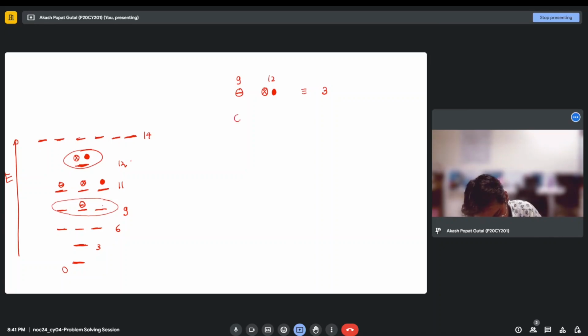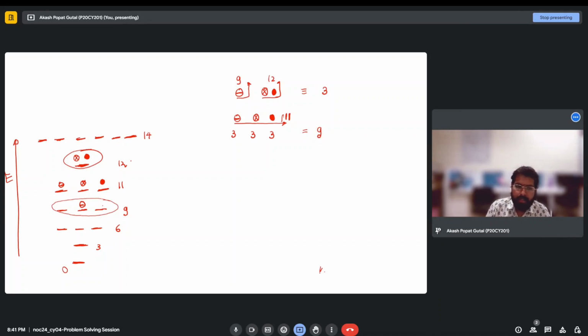In case of 11, each particle can have degeneracy 3. All three are at 11. And hence the total number of combinations we can get is 3 plus 3 plus 3, that is 9.